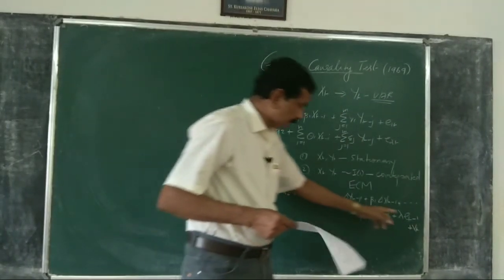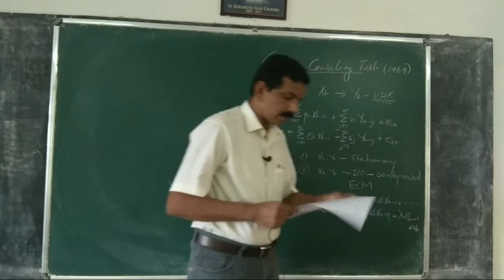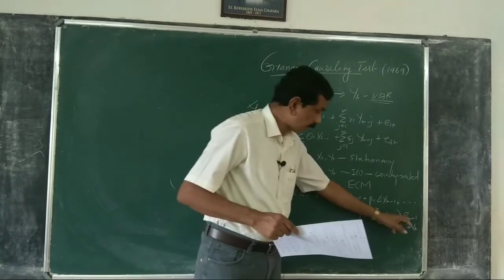And et minus 1 is the lagged residual from the co-integrating regression.